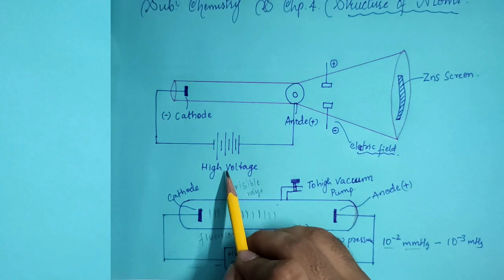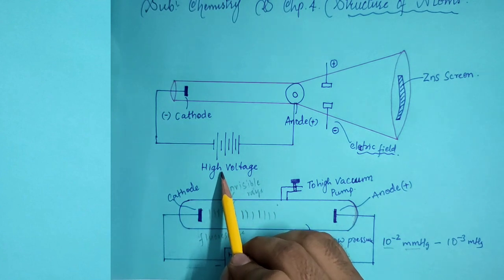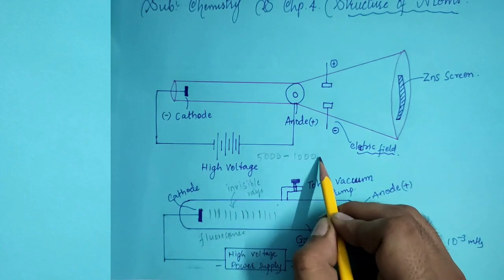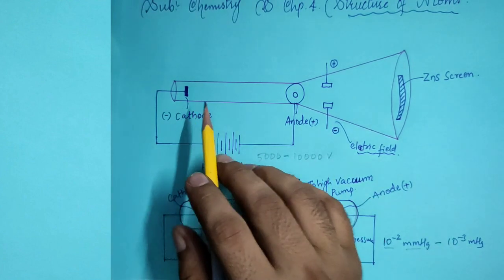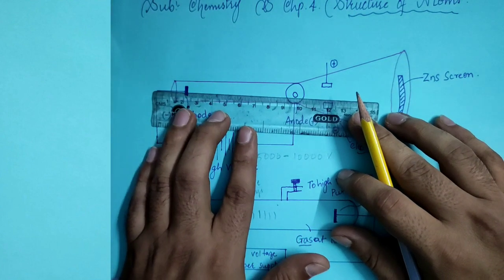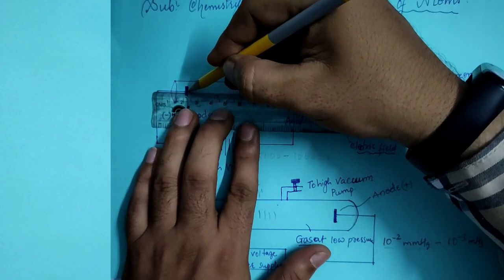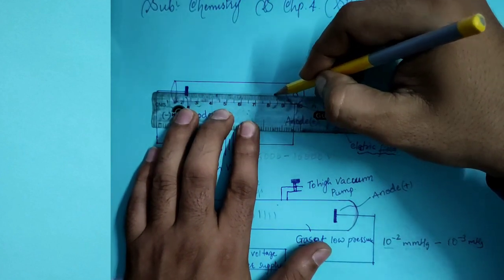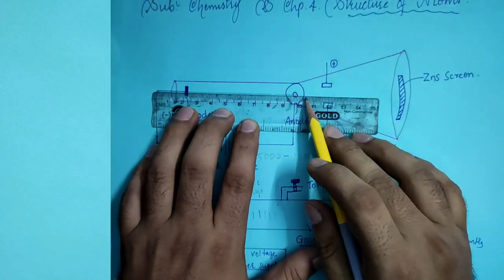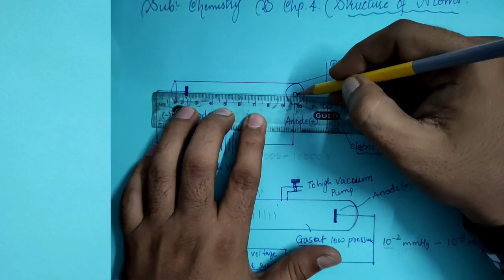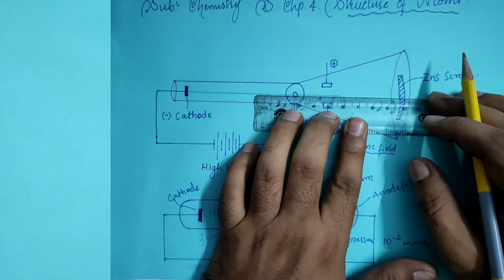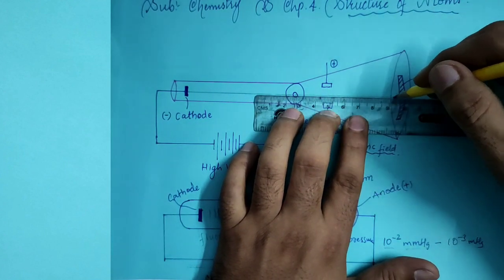When a high voltage of around 5000 to 10,000 volts was applied across cathode and anode, the invisible rays started to emit, and in the presence of an electric field it was observed that they were deflected from the mean position.